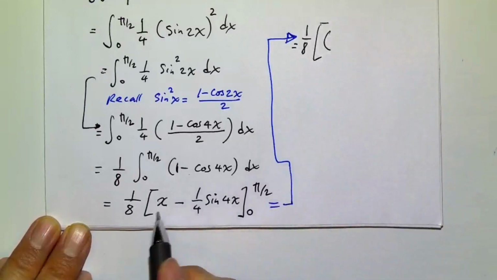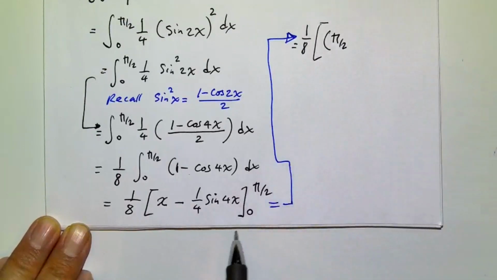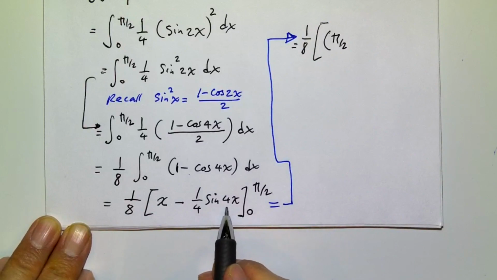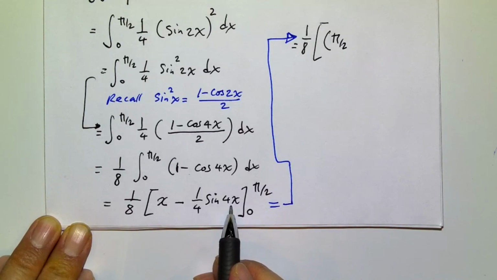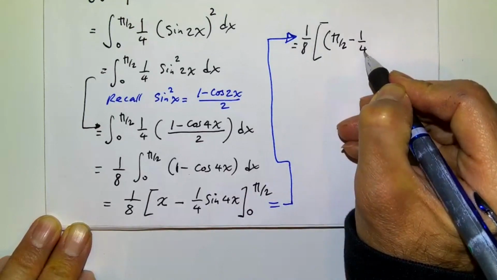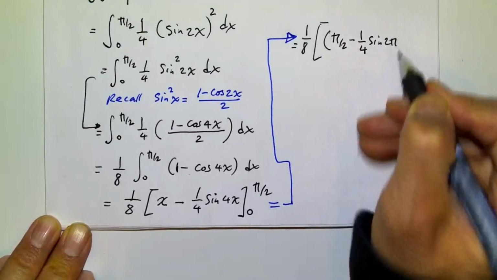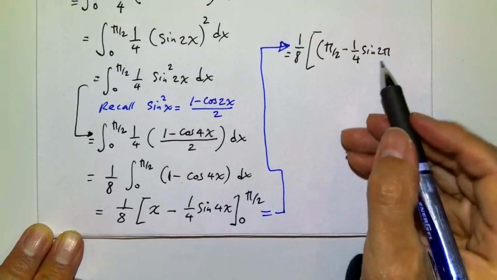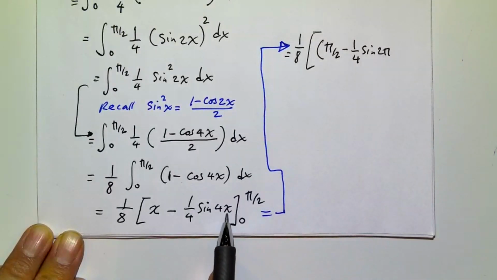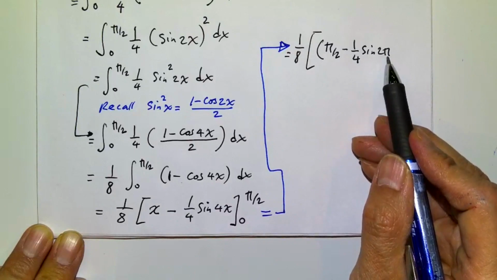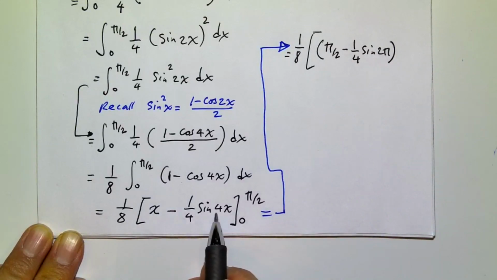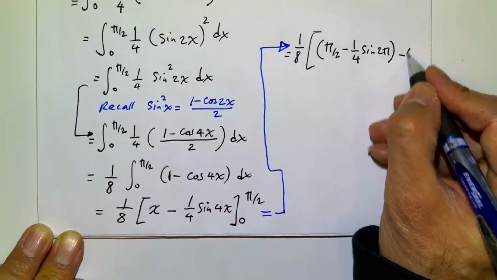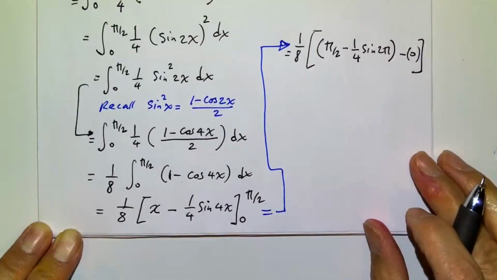So we have pi over 2 for x, minus 1/4 sine of 4 times pi over 2, that's going to be 2 pi, which is 0. I'll just write it out and then simplify it later. So after you put pi over 2 here, you get sine of 2 pi. And then, of course, substitute 0 for x, and this here, you get 0. So minus 0, close bracket.